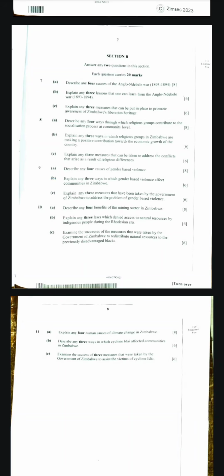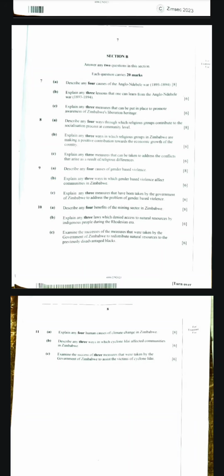So the Anglo-Ndebele War was to herald the total colonization of Zimbabwe. Zimbabwe by then was divided into 2: Mashonaland and Matabeleland. They had completed the Mashonaland part, and the Matabeleland part remained. They had to fight the Ndebele. So it is against this background that I would like to give you the causes of the Anglo-Ndebele War.